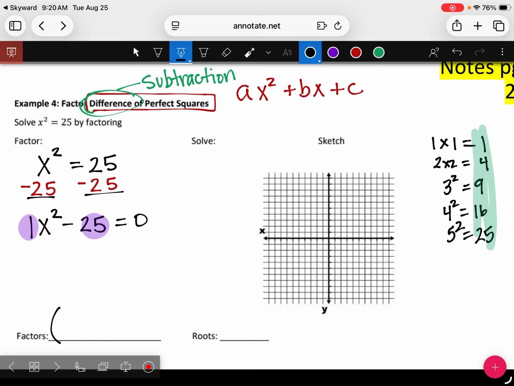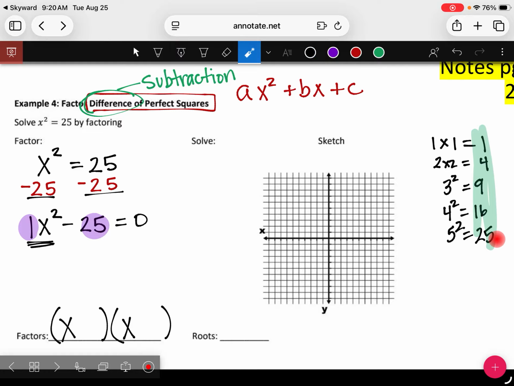We're just going to go straight down here. The only thing that you can multiply to get x squared is x times x. Put that in the front. All right.